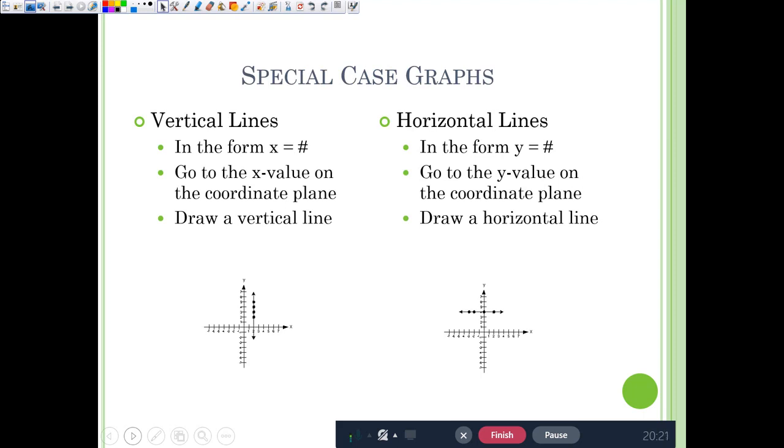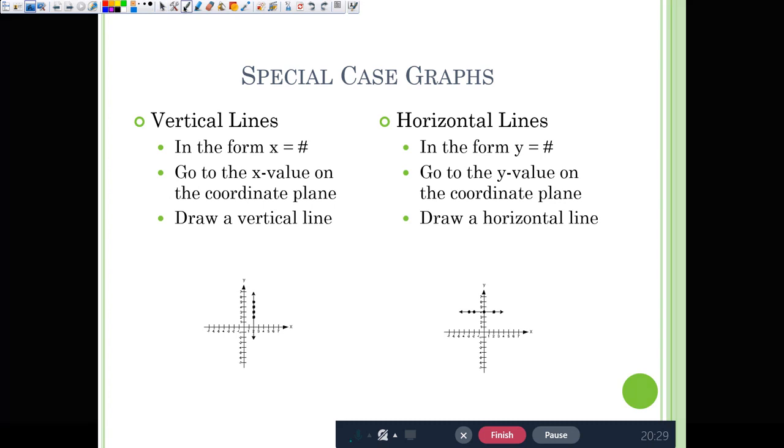If you have y equals a number, you go to the y value on the coordinate plane and draw a horizontal line. So for vertical lines, we're going to have no y in the problem. And for horizontal lines, we'll have no x in the problem.